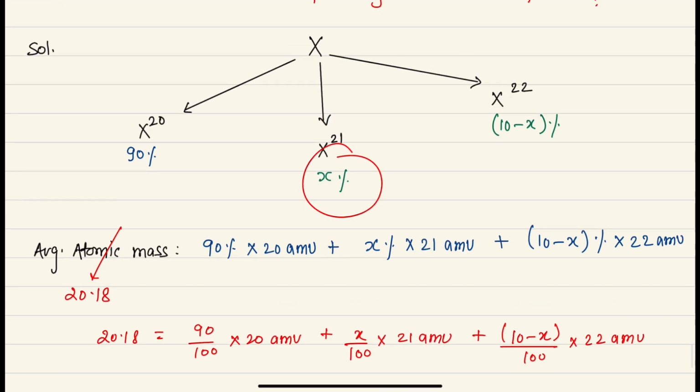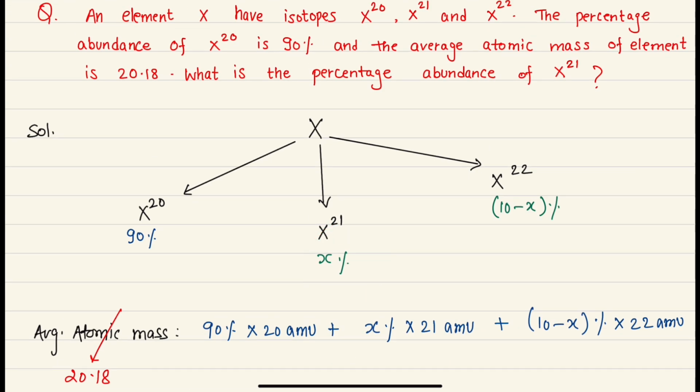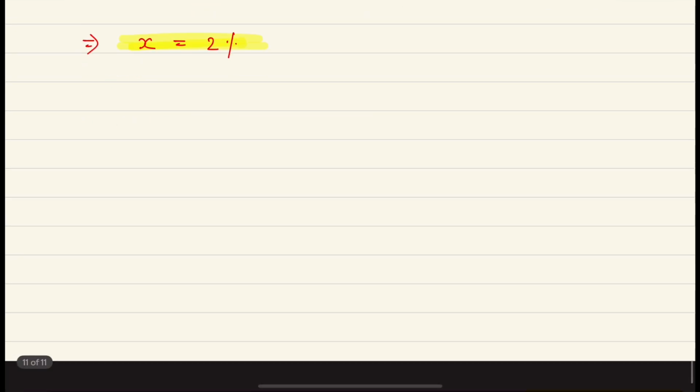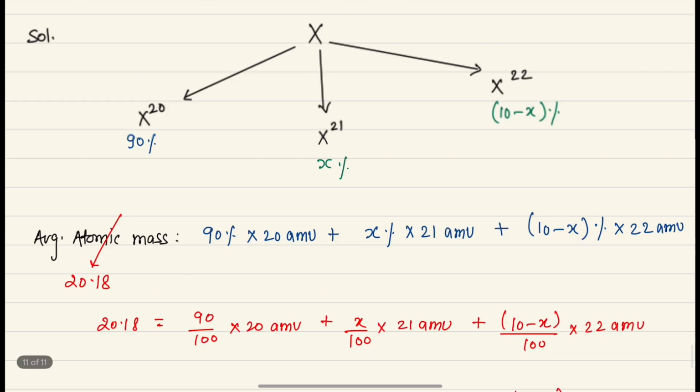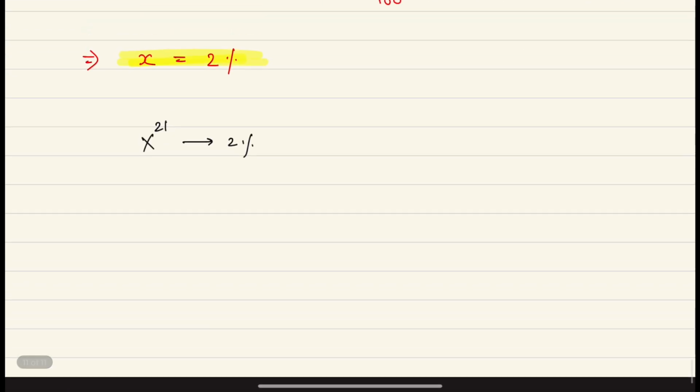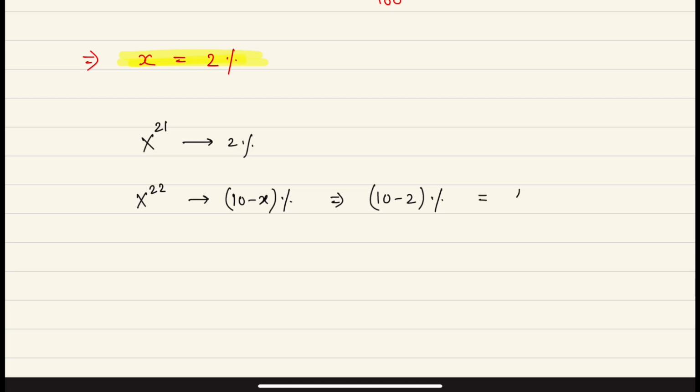It means this x is how much? And they are asking for X21. It means this X21 is how much? X21 is 2%, and then we have X22, how much? So 10 minus x, right? And x equals 2, so we can find 10 minus 2.